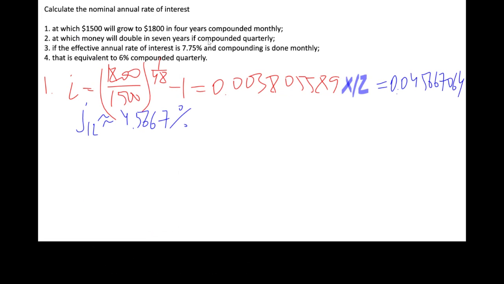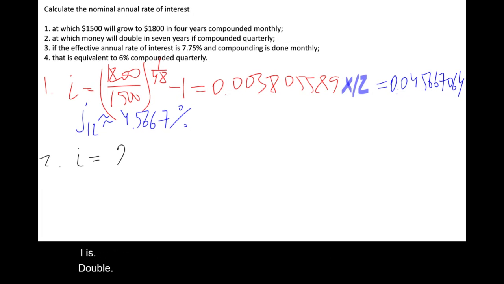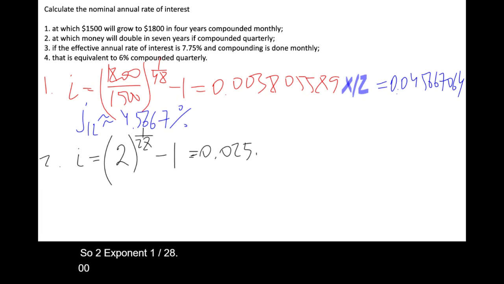Okay, money doubled in 7 years if compounded quarterly. So I is double. So 2, 7 years quarterly, it's 1 over 28 minus 1. So 2 exponent 1 over 28, 0.025064212.